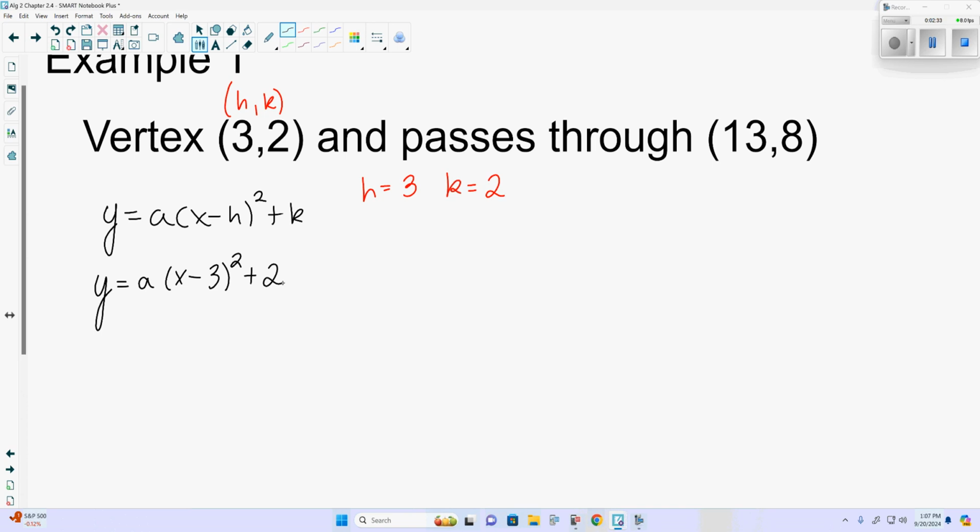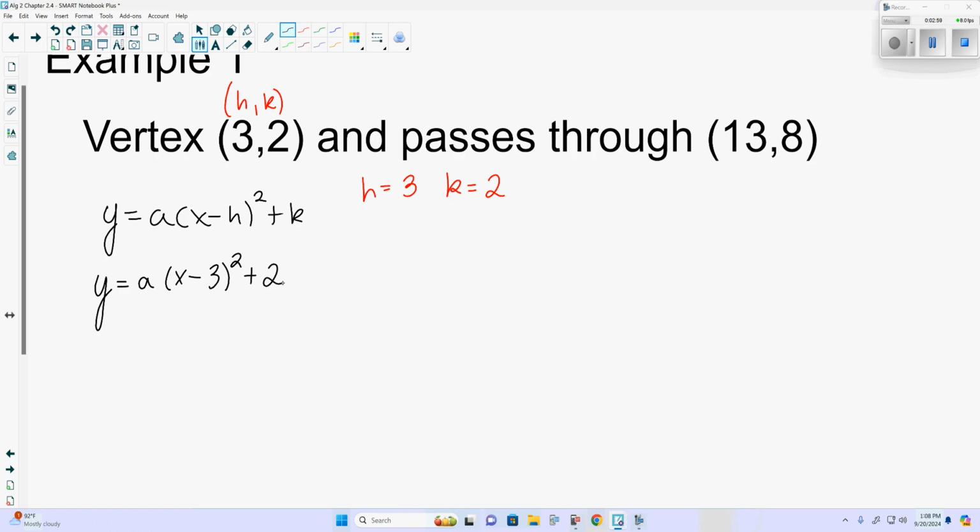What is the only thing we're missing? A. We did have a form for a in chapter 2.3 that a is equal to 1 over 4p and p is equal to 1 over 4a. But to find p, we would need the focus or directrix. Did they give us that? No, they just gave us a point.